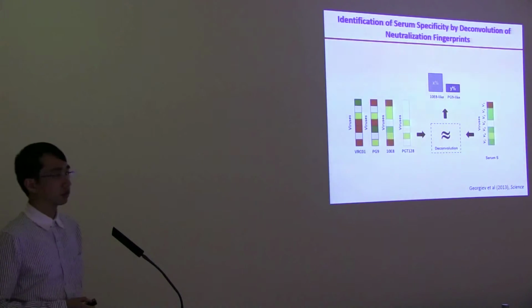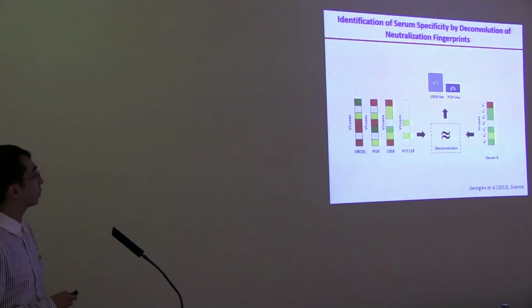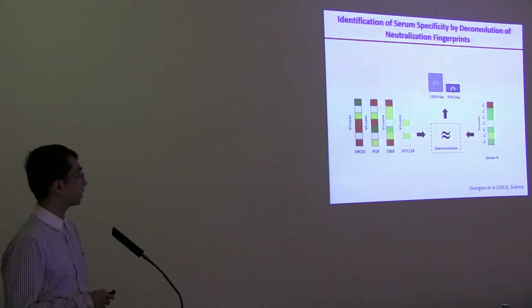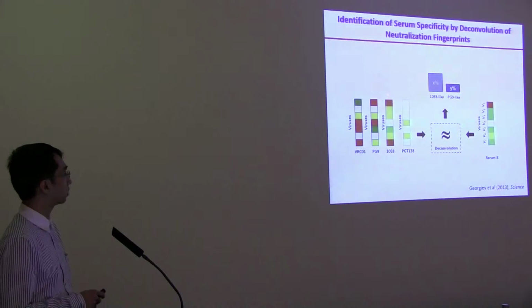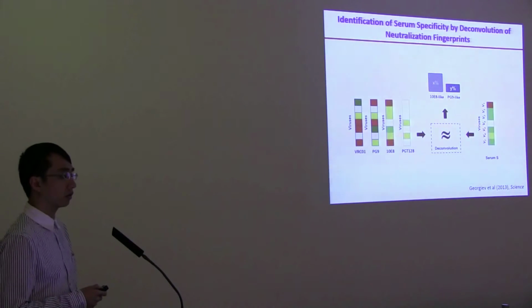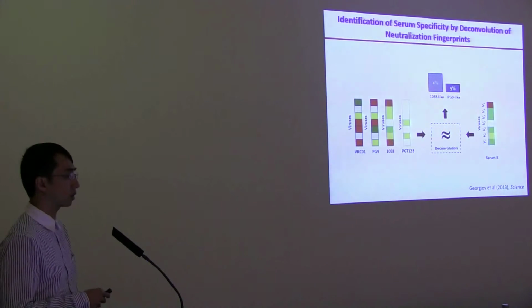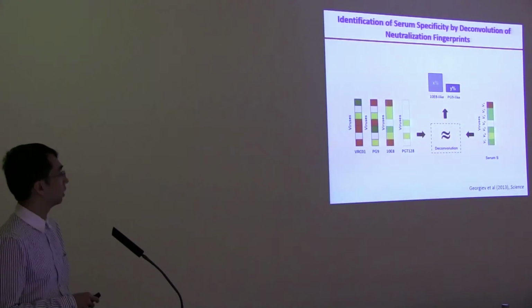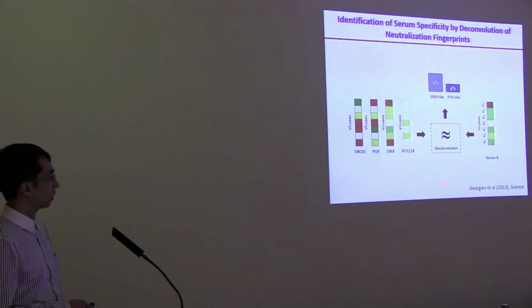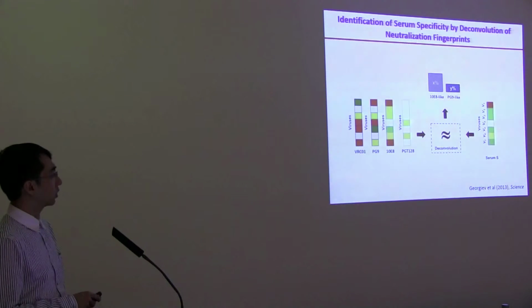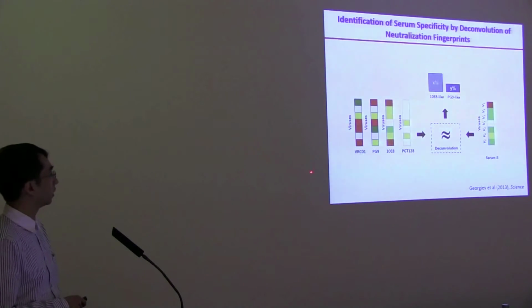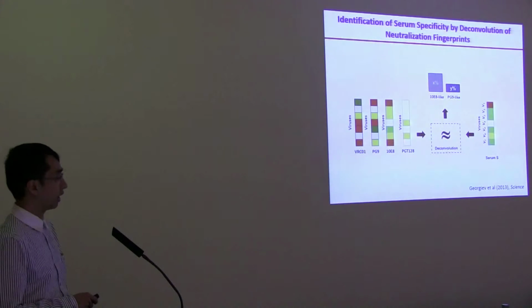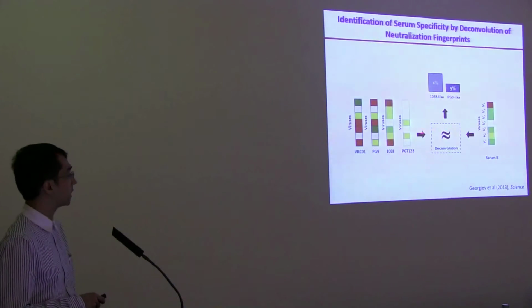Again, our method is based on analyzing neutralization fingerprints. As I mentioned previously, each antibody has a unique neutralization fingerprint, and antibodies targeting similar epitopes should have similar neutralization fingerprints. So if you have the neutralization fingerprint of the serum, you can deconvolute it with a linear combination of the neutralization fingerprints of antibody representatives of different major epitopes.